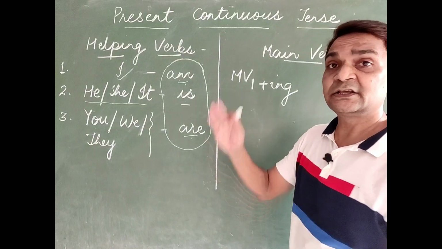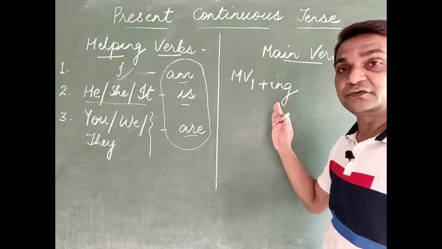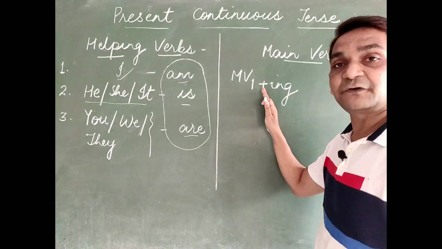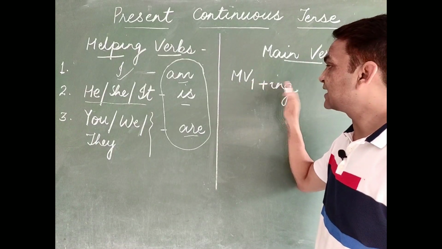Now let's see the use of main verbs. The only main verb that is used in a present continuous tense is ing form of the main verb, that is present form with ing.